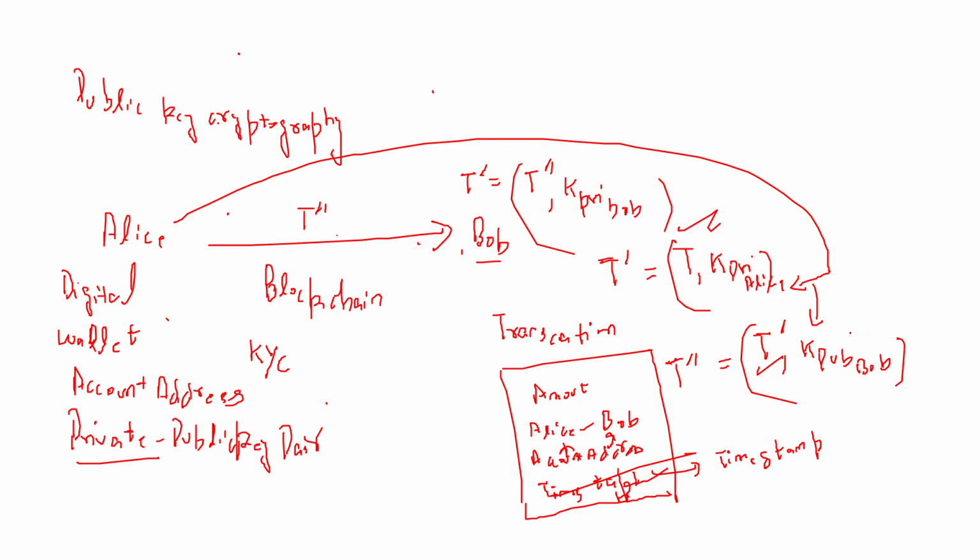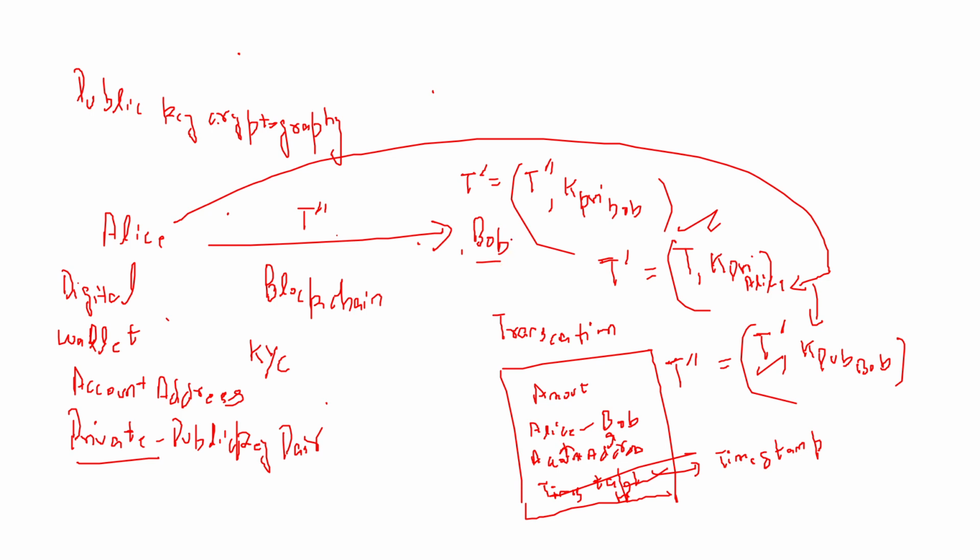So the corresponding private key is required to decrypt this T double dash. The corresponding key pair of the public key of Bob is the private key of Bob, which lies with only Bob. Private key is not available to everyone. It lies with the individual holder of the private key.